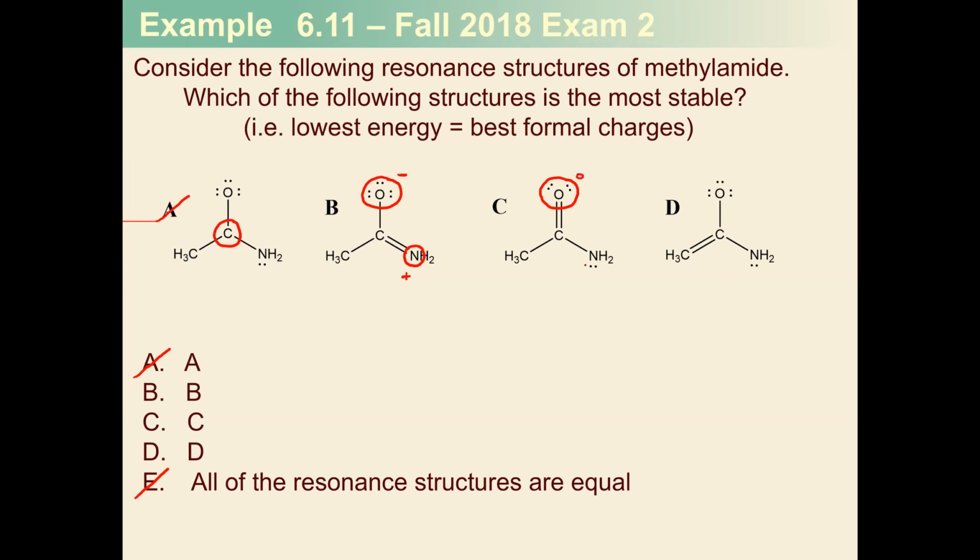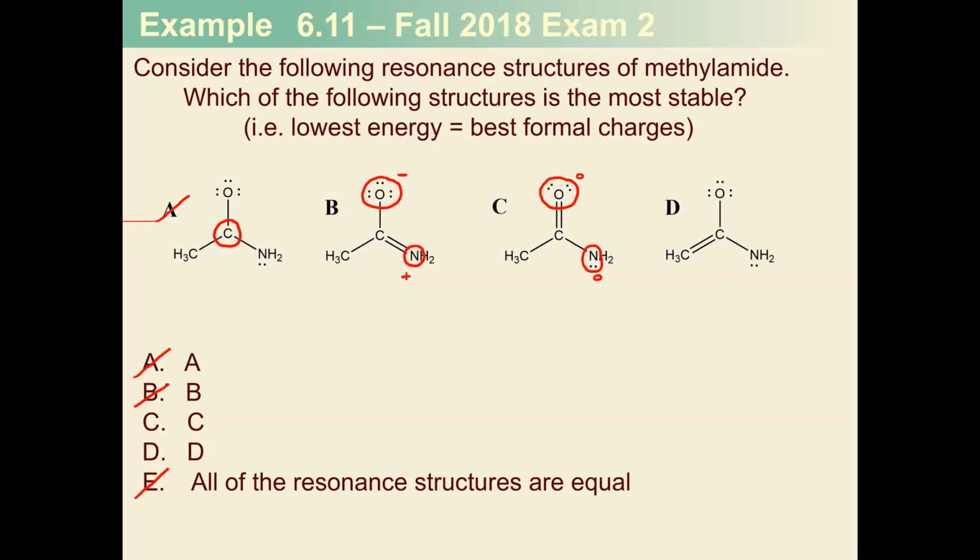In the case of our nitrogen down here, notice that I have brought 5 in. It currently has a lone pair, so there are 2 electrons, and it has 3 bonds. So we are going to count 1 electron from each of those 3 bonds. It brought 5, it has 5, and it's formally neutral. So answer C is better than answer B because we have no formal charges. So answer B cannot be the correct answer.